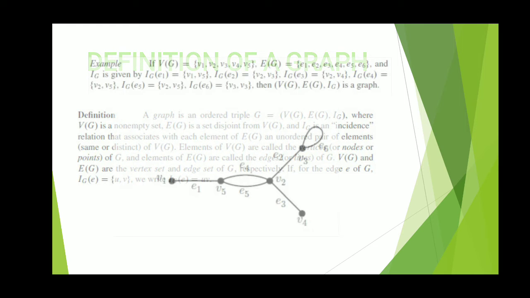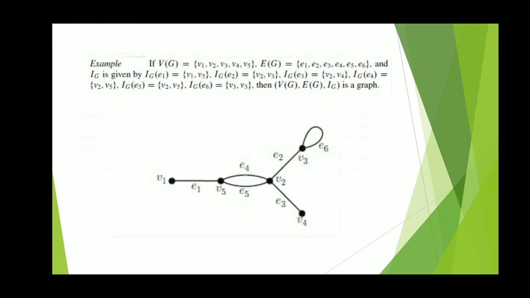In this example, for a graph G, the vertex set V(G) contains the 5 vertices V1, V2, V3, V4, V5, and the edge set E(G) contains the 6 edges E1, E2, E3, E4, E5, E6. The incidence relation for E1 is that E1 is obtained by connecting the vertices V1 and V5.